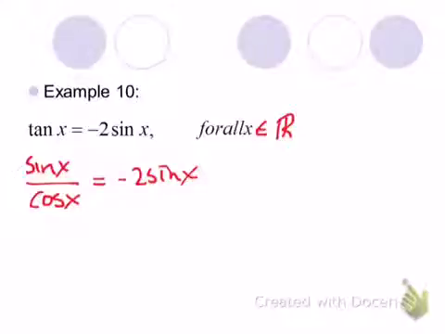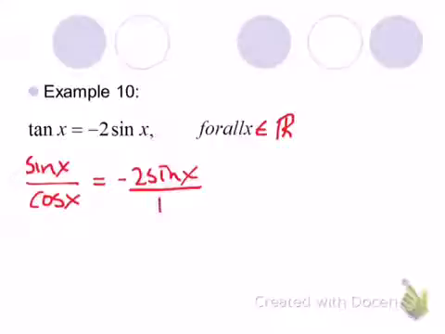You could bring the negative 2 sine x over so it's equal to zero, but I think there's a better way. I want to show you the best way on this one. Is negative 2 sine x equal to something? No, we don't have an identity for that that's going to help us.